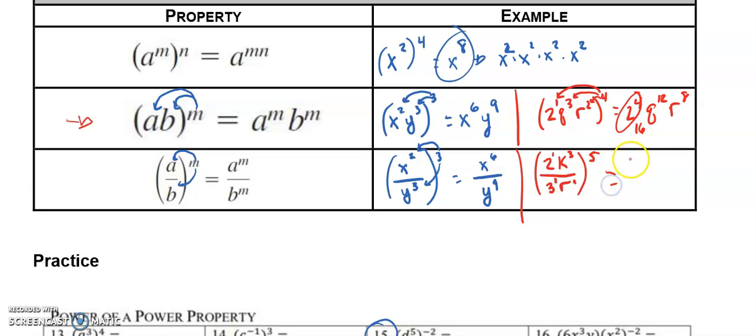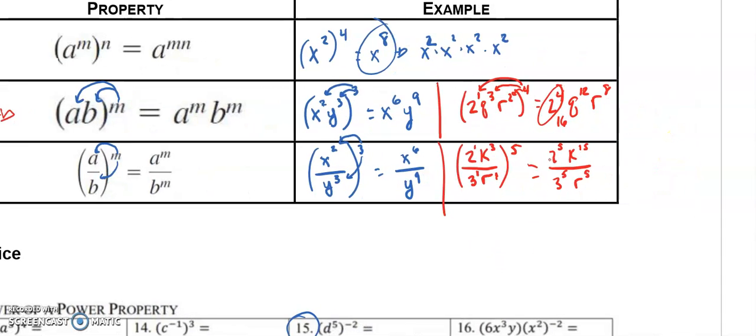So it's going to be 2 to the 5th, k to the 3 times 5 is 15, 3 to the 5th, r to the, I think that was the first down here, right? So that would be r to the 5th. Okay, I don't know if I can simplify these in my head. 2 to the 5th, I think that's 32. Three to the 5th, I would not expect you to do in your head, but let's see. 3, 9, 27, 81. I think that's 243.